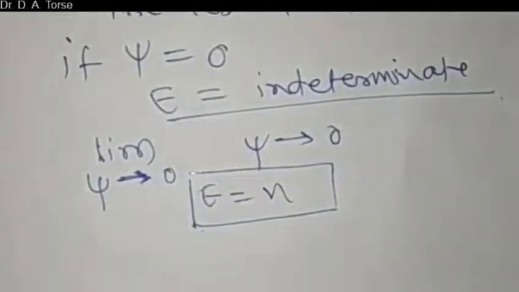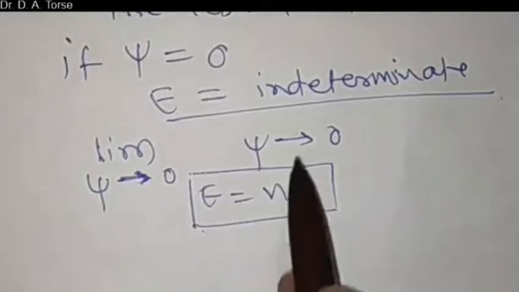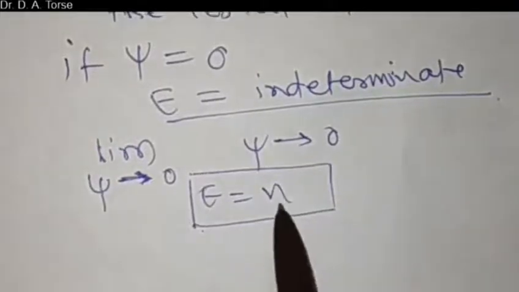Because then we say the term sine psi by 2 is approaching 0. It has not become 0. If it becomes 0, then it will be 0 divided by 0, which is an indeterminate form. It's of no use. But if we say sine psi by 2 is approaching 0, that means it is a small value, and the only considerable number in this term is n, which is the total number of elements.